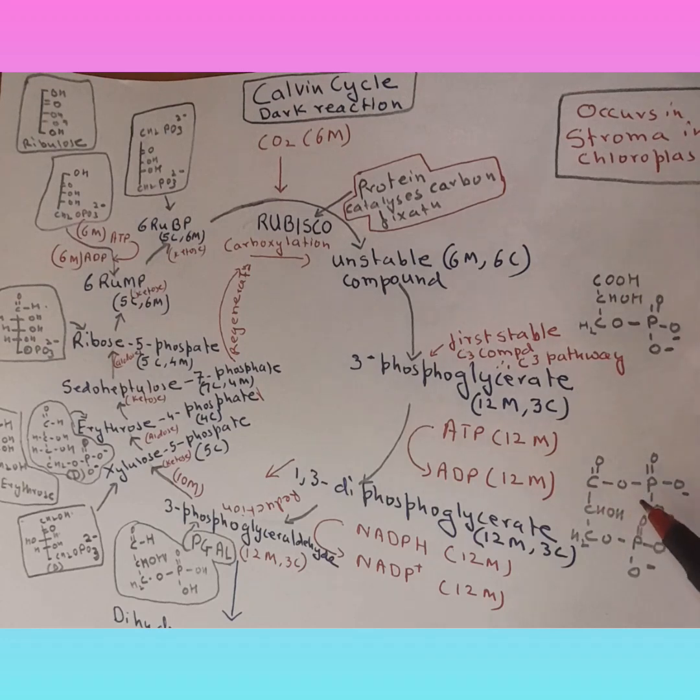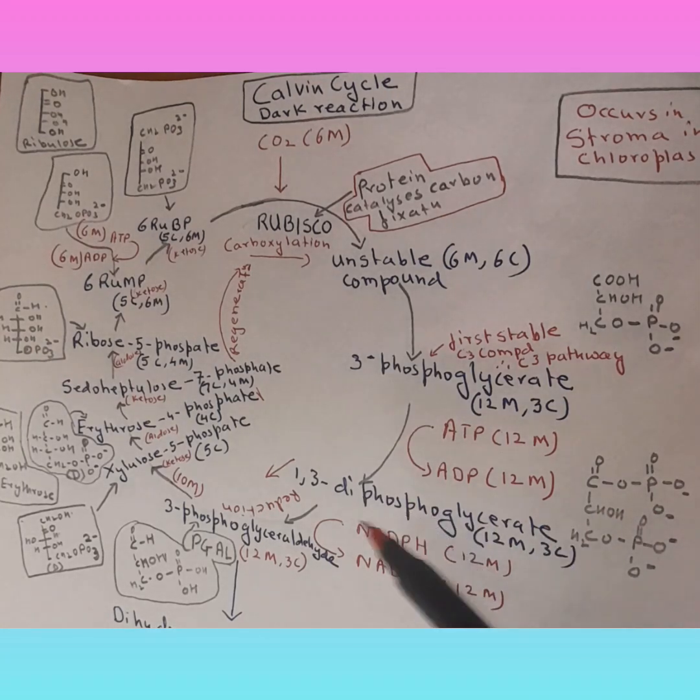So we end up with 1,3-diphosphoglycerate. Obviously 12 molecules, and still it's a 3-carbon molecule. Alright, so phosphate attached over here, phosphate attached over here to glycerate.